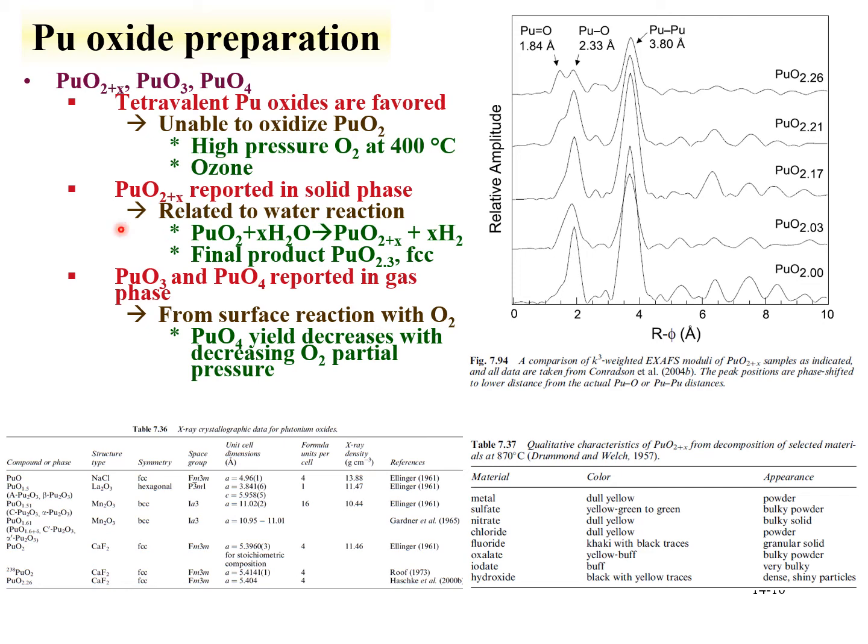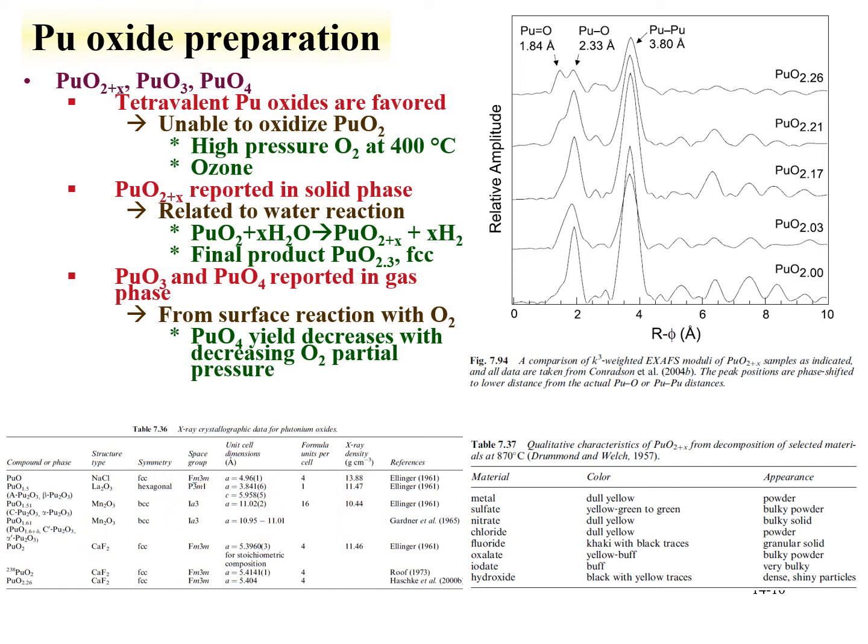Now, other plutonium species, PuO3 and PuO4, have been reported in the gas phase, primarily from surface reactions with O2, with the material going to the gas phase, and the PuO4 yield decreases with decreasing dioxygen partial pressure. The information about plutonium oxides overall is listed here with the compound, their phases, space group information, and densities.